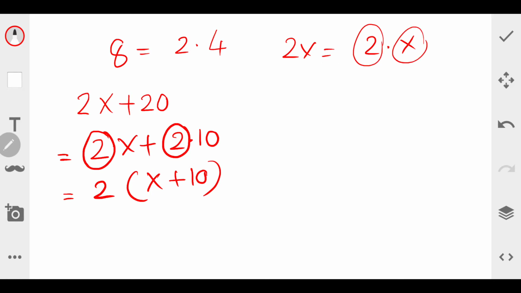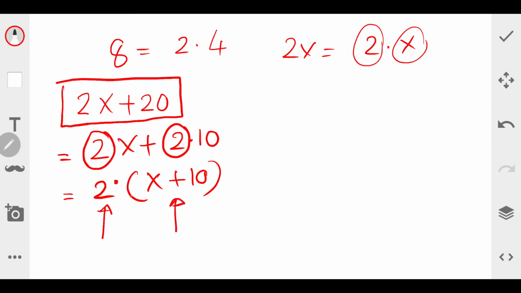In a similar way, when I look at this binomial 2x plus 20, this can be rewritten as 2 times. Remember, this is multiplication. You're multiplying 2 and x plus 10 as a whole. This thing as a whole is being multiplied with 2.